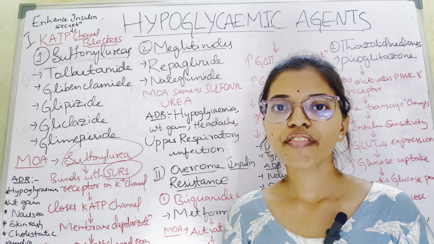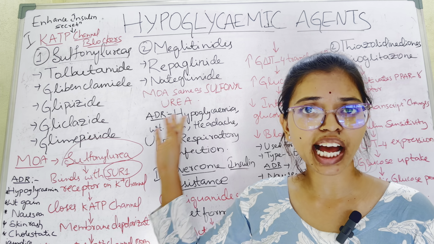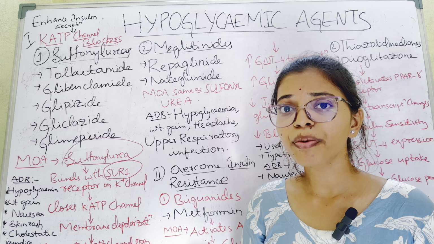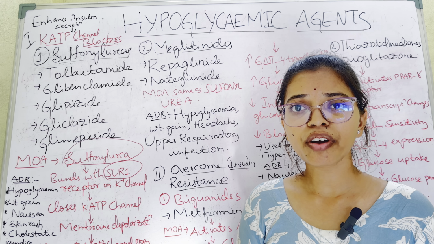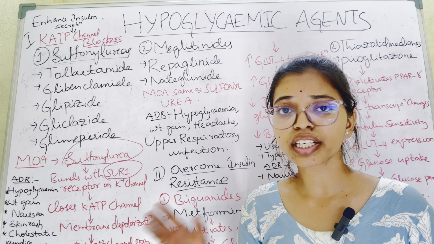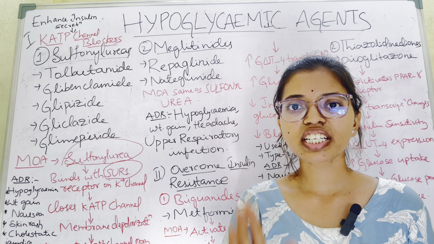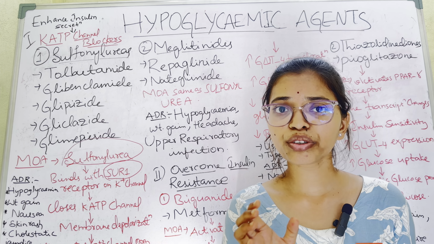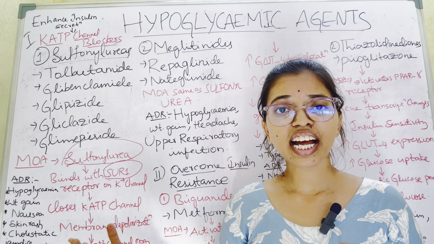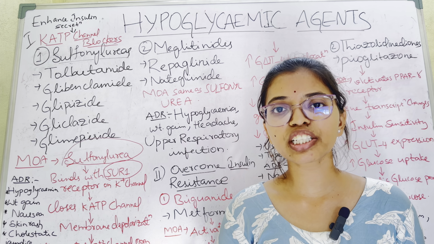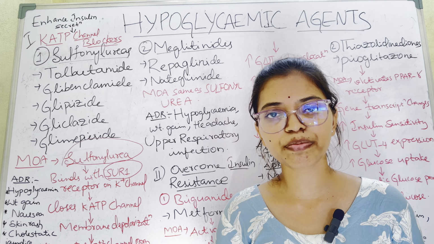When you are studying the mechanism of action of any drug, not only hypoglycemic agents, you must know the type of receptors to which the drug is binding, where it is located, and what is the function of that receptor.